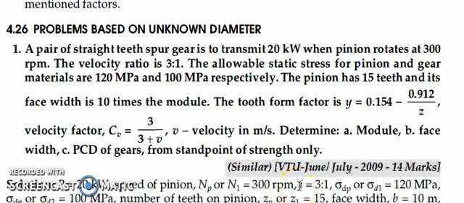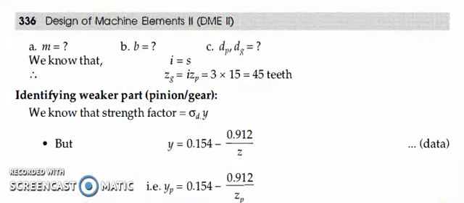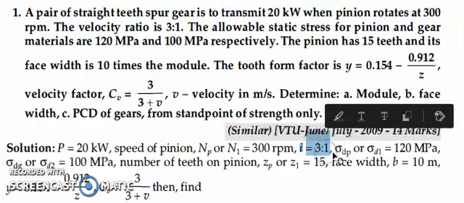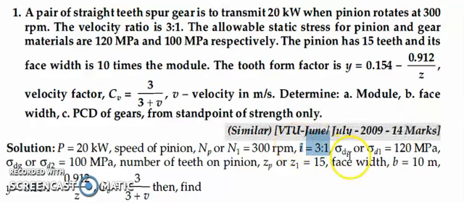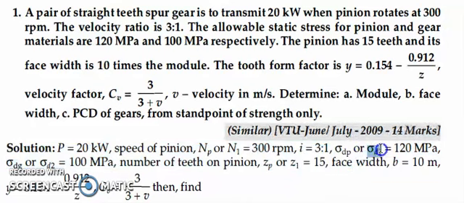Then the velocity ratio. We already studied the velocity ratio, speed ratio, etc. in our previous gear section. That value is given, that is I is equal to 3:1. From that equation we can find the speed of the gear. And next, the allowable static stress is given, that is sigma dp, or we can denote it as sigma d1.